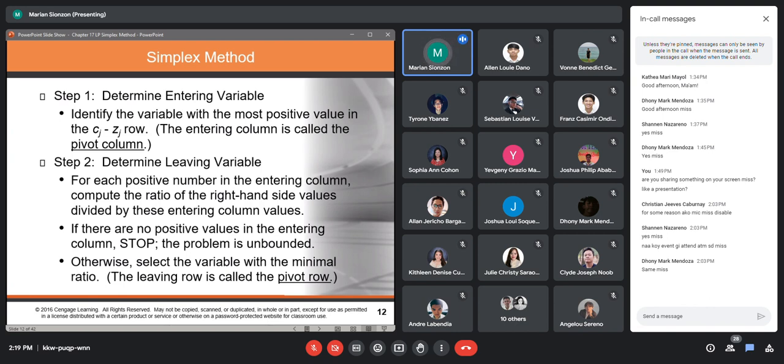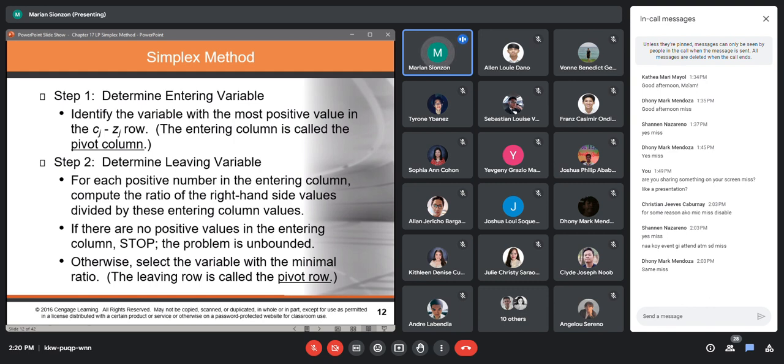Determine the leaving variable, the variable that will leave. For each positive number in the entering column, compute the ratio of the right-hand side values divided by these entering column values. If there are no positive values in the entering column, you are going to stop, meaning that the problem is unbounded. And because it is unbounded, it means that the problem has not been correctly formulated.